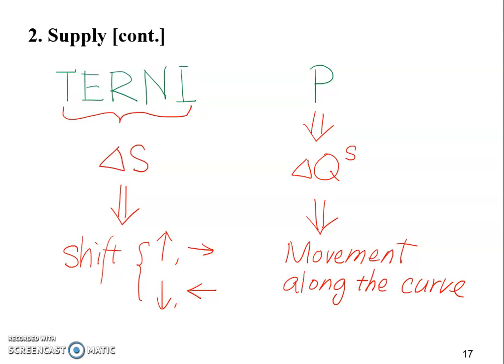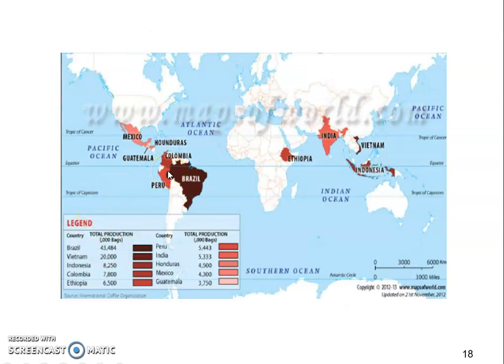Now let's check out a very quick real-world example and see how powerful TERNIP is. This is a map of the major coffee bean exporters around the globe. Many of you are probably familiar with Brazil and some other South American economies being the major coffee bean exporters, because they have been that way for decades.